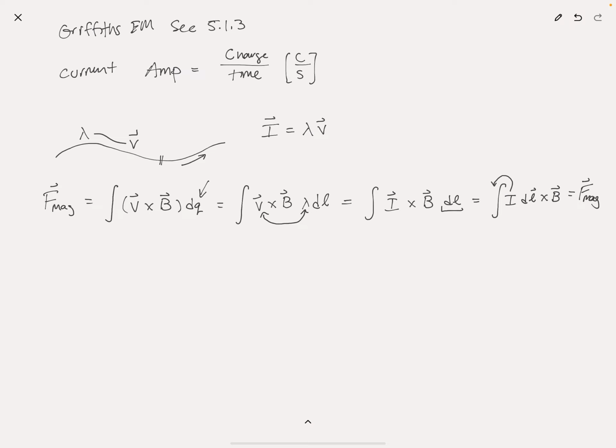Now let's do an example. Example 5.3 says that there is a region of space where there is a magnetic field, and all of the magnetic field points into the page. That's what this X represents. I think we've talked about this before.